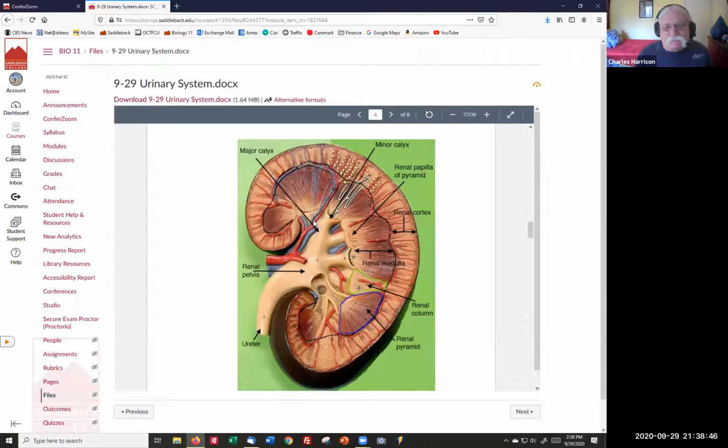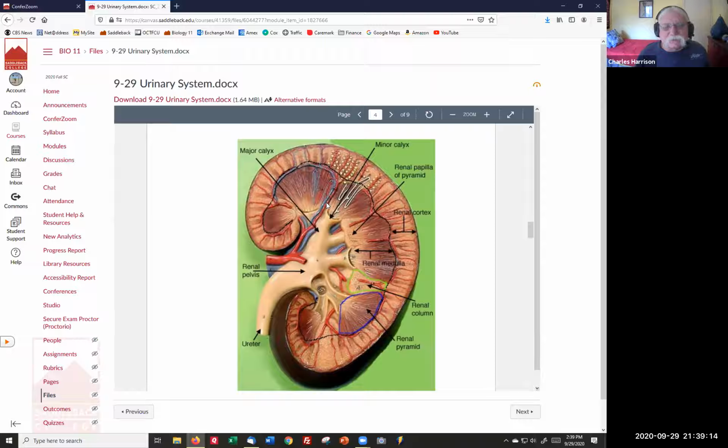The vessels, artery and vein that go between, are called the lobar artery and lobar vein. This is the lobar artery and vein.